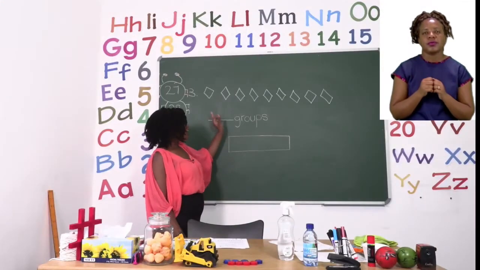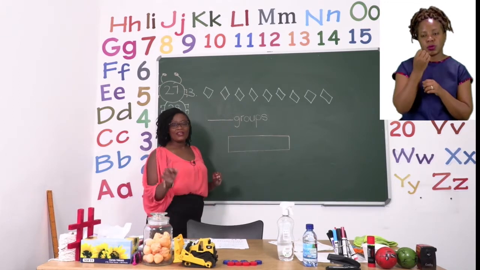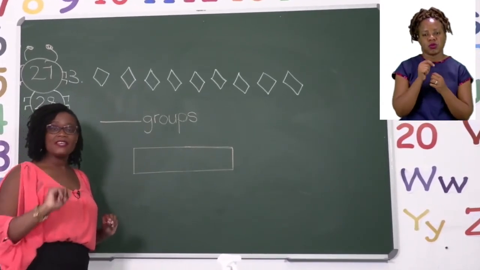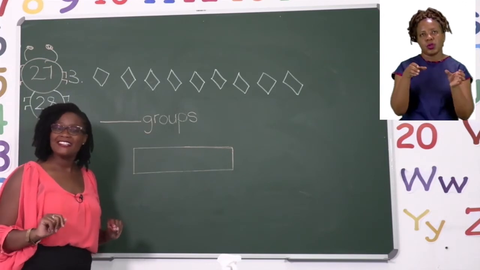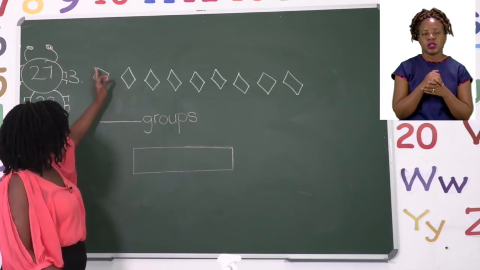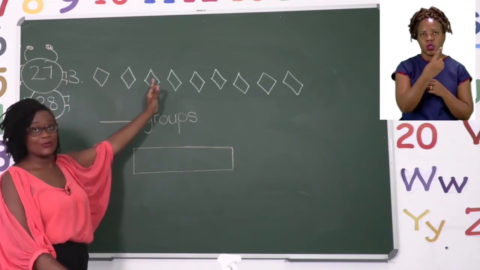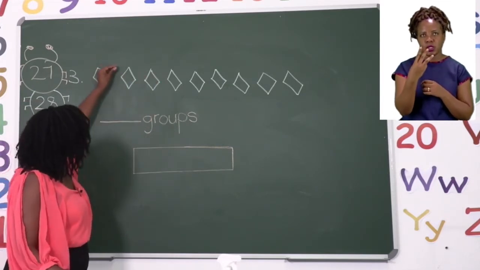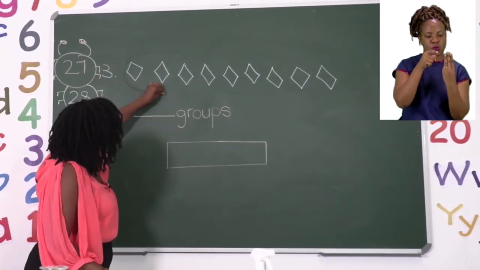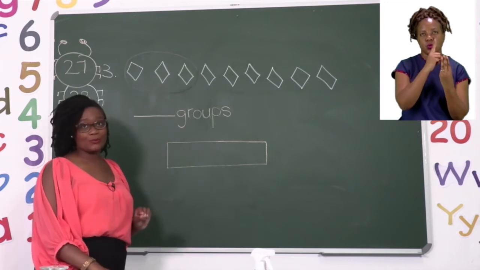On the board, I have our 9 diamonds and we are going to circle them in groups of 3. The same thing that you are going to do in your booklet as well. We start by counting 1, 2, 3. After the third one, we circle it to show that this is one group.